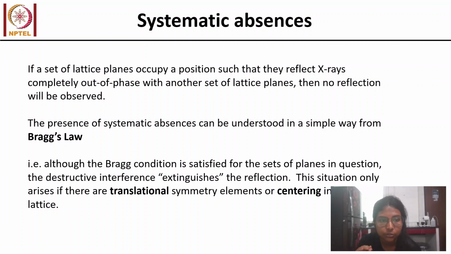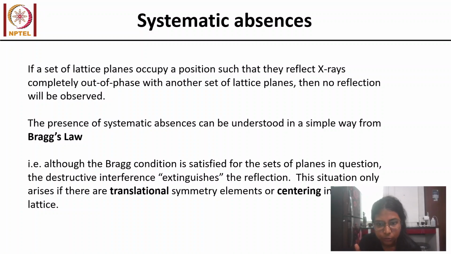According to Bragg's law, all the lattice planes will reflect the X-rays, but if there is one set of lattice planes reflecting X-rays out of phase with another set of lattice planes, then for the first set we will not get the spots.